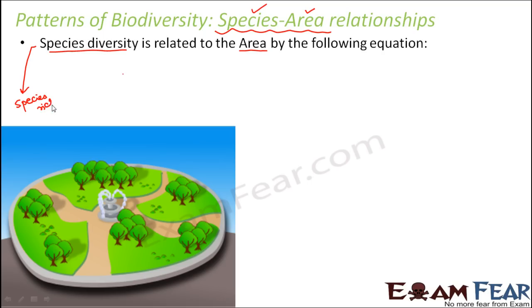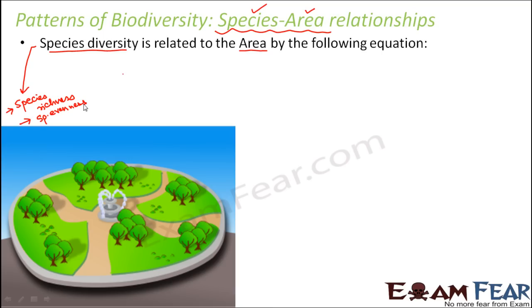One is species richness, which means how many different species are existing in one area. And the second one is species evenness, that means how evenly the number of organisms in each species are distributed in that particular area. So, species richness and species evenness together constitute species diversity.